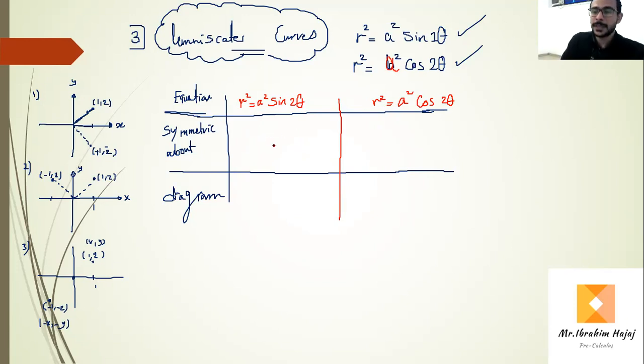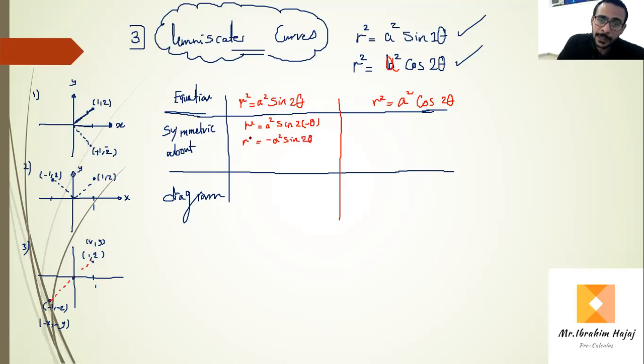To test the symmetry about the pole, we replace theta by negative theta. If you do so, we have r squared equals a squared sine 2 times negative theta. And since sine is an odd function, it gives us negative a squared sine 2 theta.